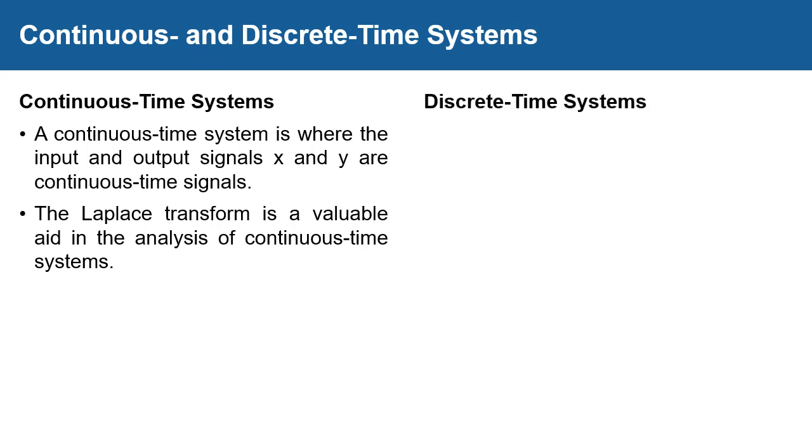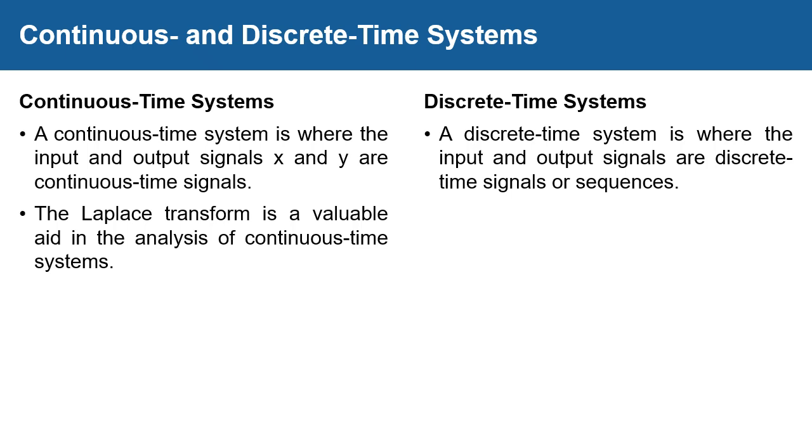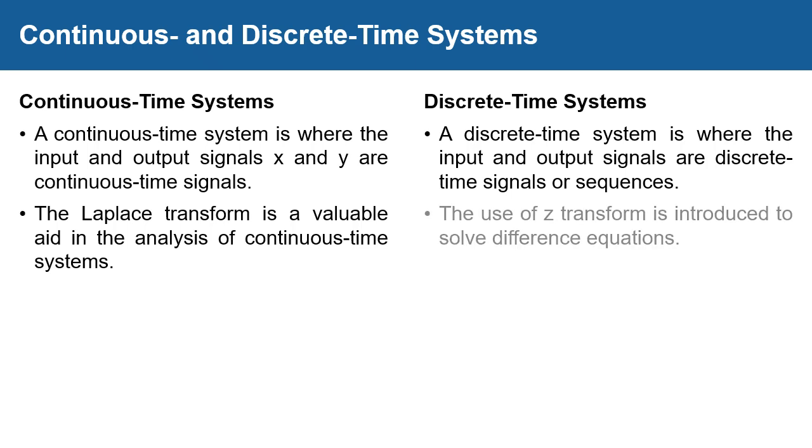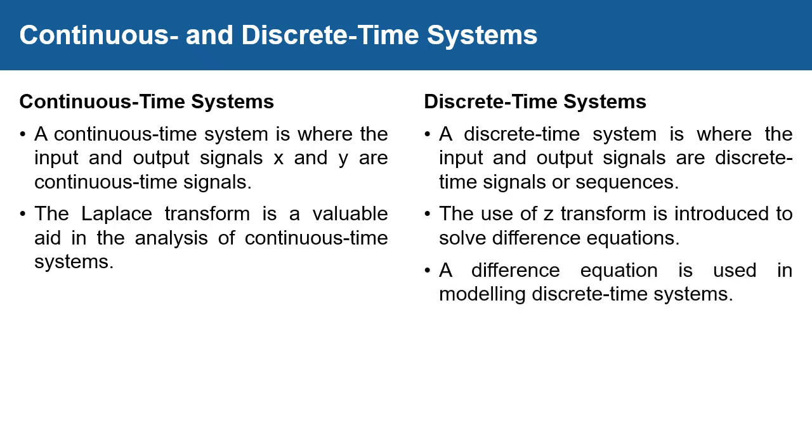Discrete time systems, on the other hand, are where the input and output signals are discrete time signals or sequences. And the use of Z transform is introduced to solve difference equations. A difference equation is used in modeling discrete time systems.